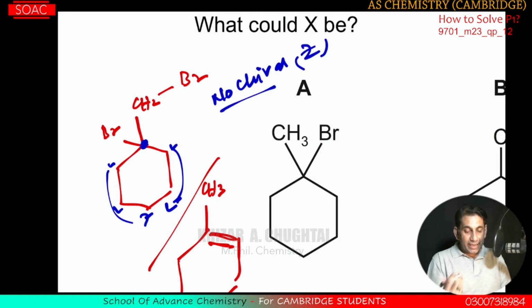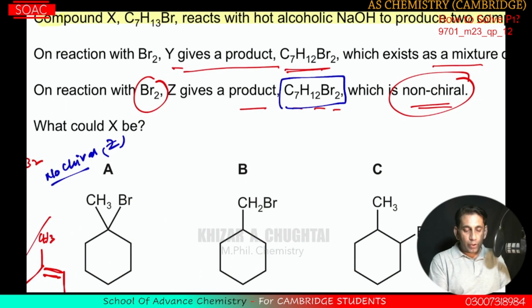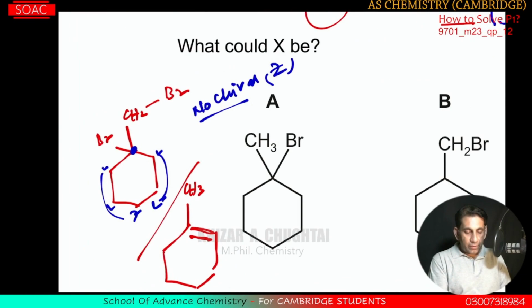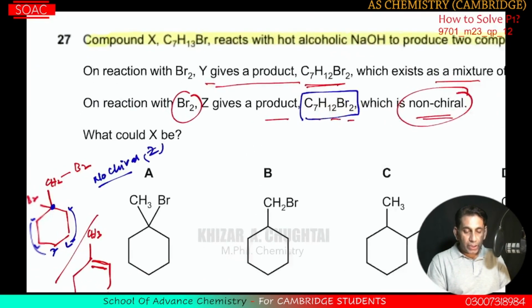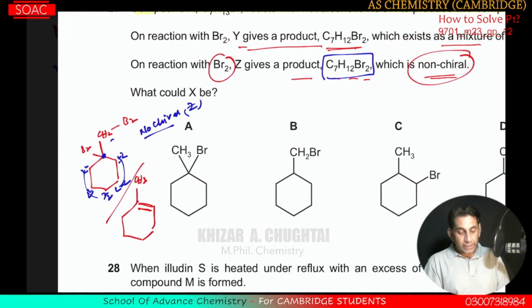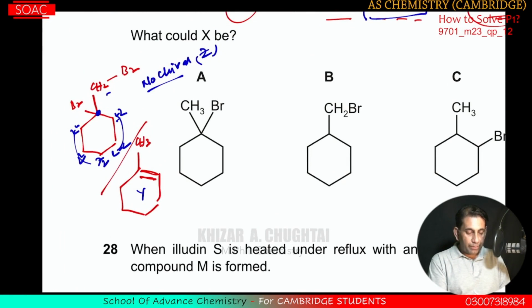So it could be Z. Yes, it is true. It could be Z, which has C7H12Br2 and is non-chiral. So it has C7 and hydrogens equal to 12. Yes, 12 hydrogens are there. If it is Y, then what should be the outcome when Br2 is added into this molecule? Plus Br2, it's going to make CH3, Br, and Br.